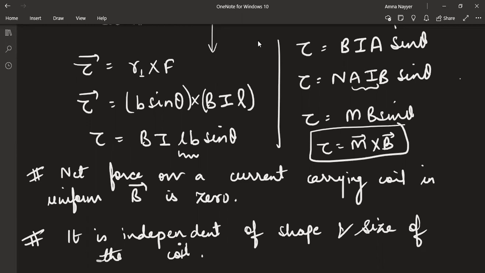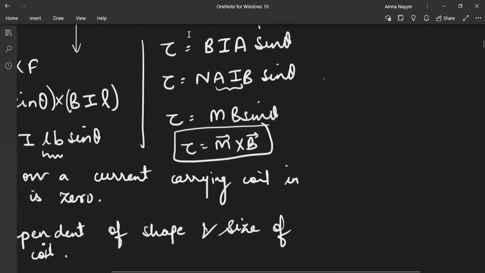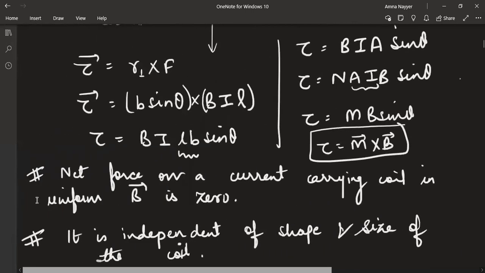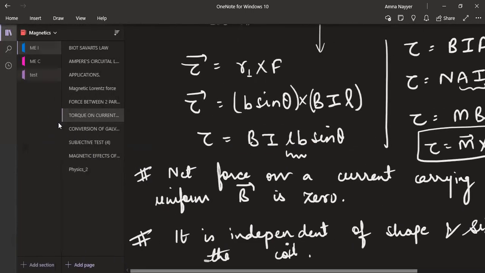If there is more than a single turn, you can write it as N A I B sine theta. That is the formula of torque, N A I B sine theta. So M cross B or N A I B sine theta. All right, this is the formula for it. For torque, you just have this basic formula. From this only questions do come.